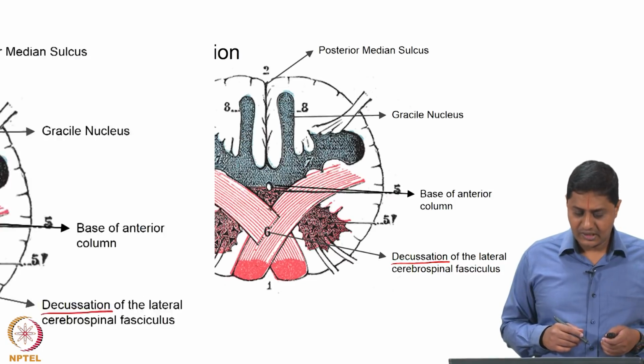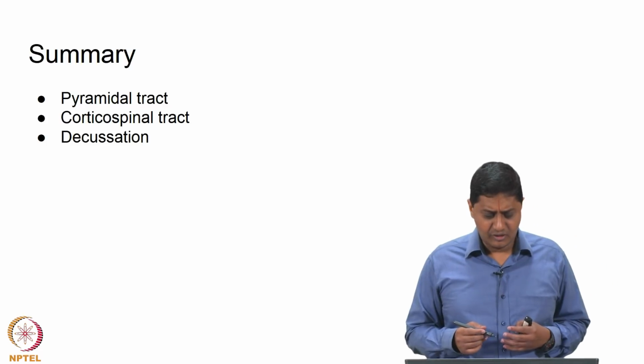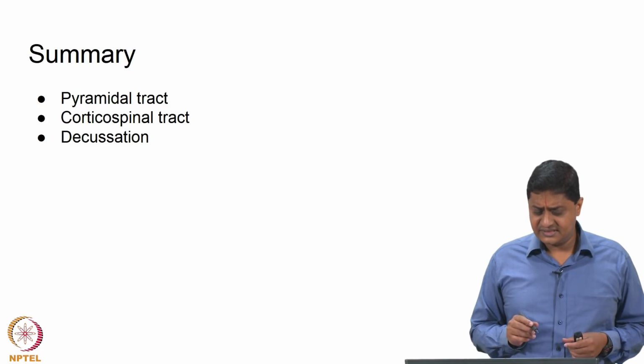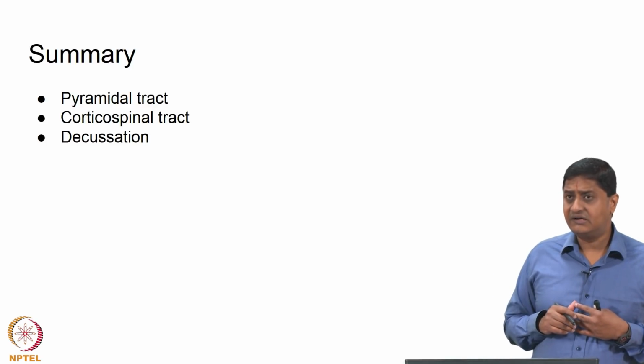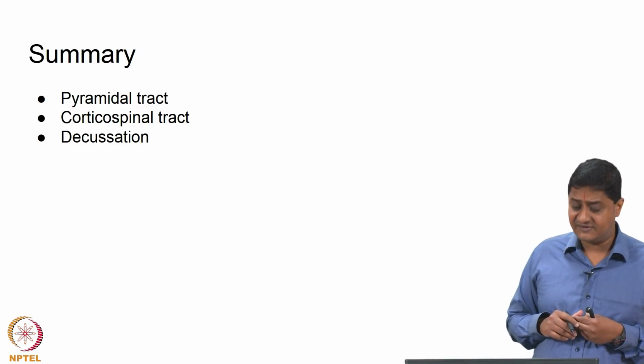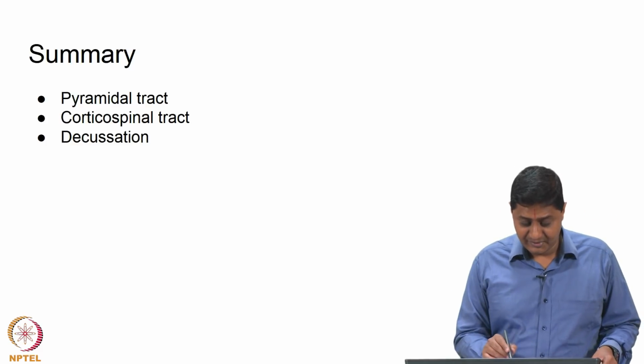Now, where does that leave us? What does this even mean? Important to note are the contributions of these tracts and where they terminate within the spinal cord. So, the following points are noteworthy. Before we summarize, the following points are noteworthy.